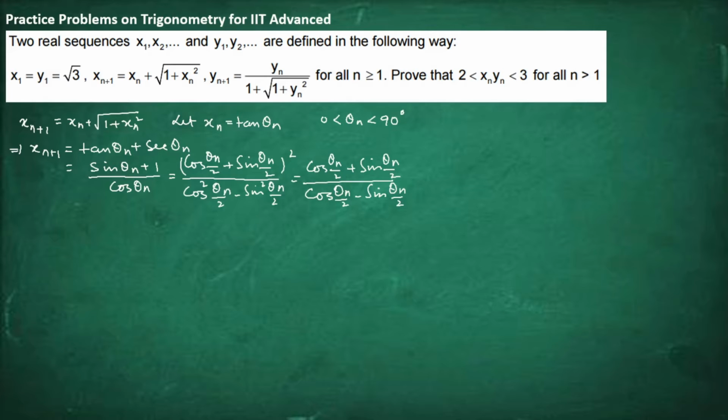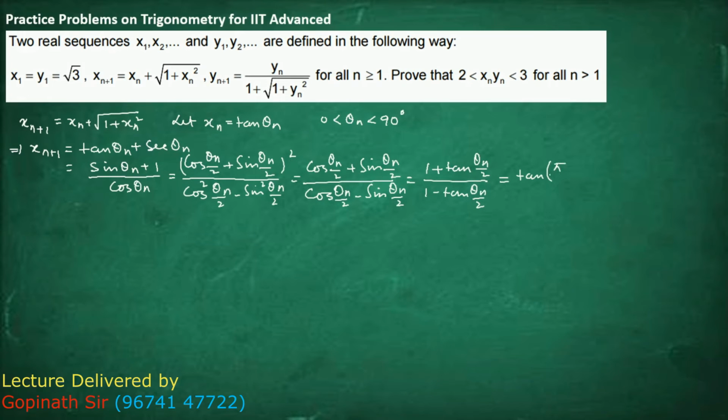Now dividing numerator and denominator by cos theta n by 2, we are going to get 1 plus tan theta n by 2 divided by 1 minus tan theta n by 2, right? So that gives us tan of pi by 4 plus theta n by 2.